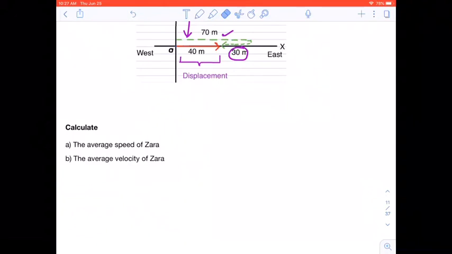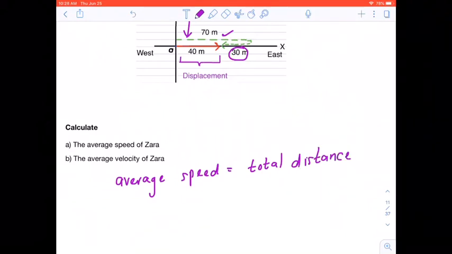So the average speed is equal to total distance over total time.